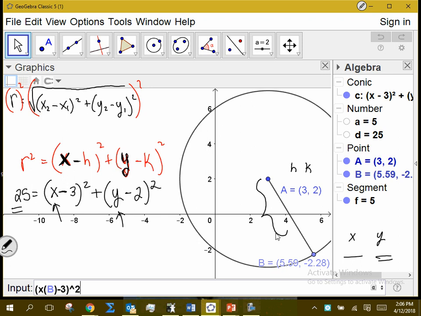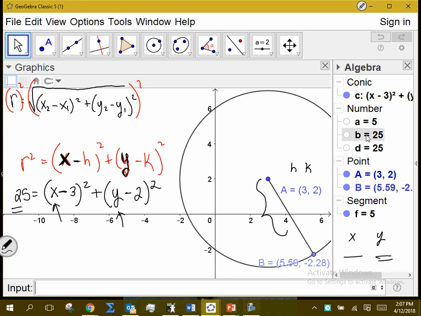So right there, it's taking 5.59, the x value of B, putting it right there, subtracting 3, and then squaring it. I'm then going to take the y value of B, so it's taking the negative 2.28, plugging it in right there. I will subtract 2 from it, and I will square that quantity. And when I hit enter, it should give me 25. And you see right here, it gave me 25, right?